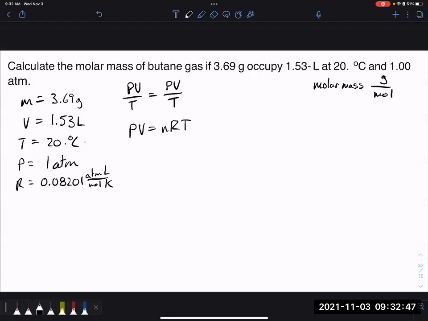So for this kind of question, it depends on what you feel most comfortable with. But just a quick rearrange here, PV over RT equals n. So same algebra we did in the problem before. And then we'll convert.